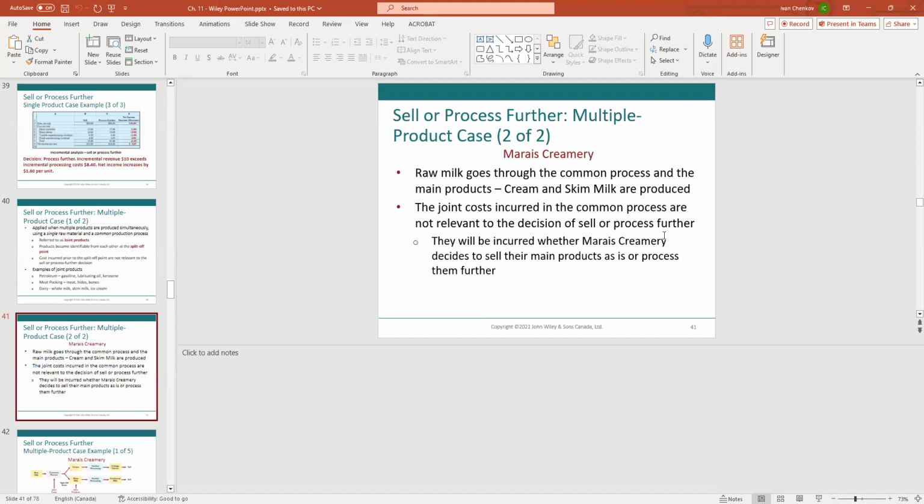Now let's go with the milk. This company sells raw milk through the common process of the two main products, cream and skim milk. The joint costs incurred in the common process are not relevant for this decision. So whatever the cost is until we decide to split it into cream and skim, not relevant.